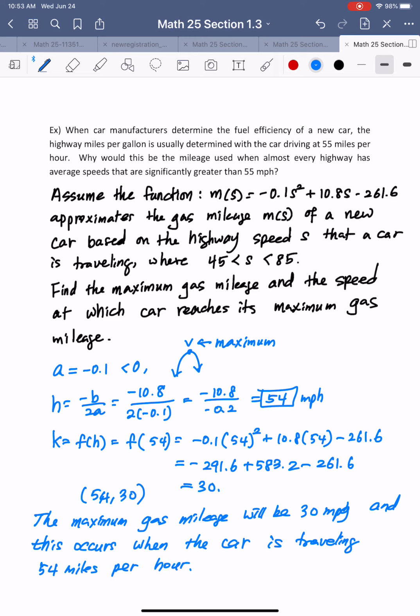So if you drive 54 miles per hour, you get 30 miles per gallon, that's a lot, isn't it? If you speed more than 54, which means 55 and higher, the gas mileage is going to be less efficient than at 54. So that's why highways say they need to go greater than 55 miles per hour.